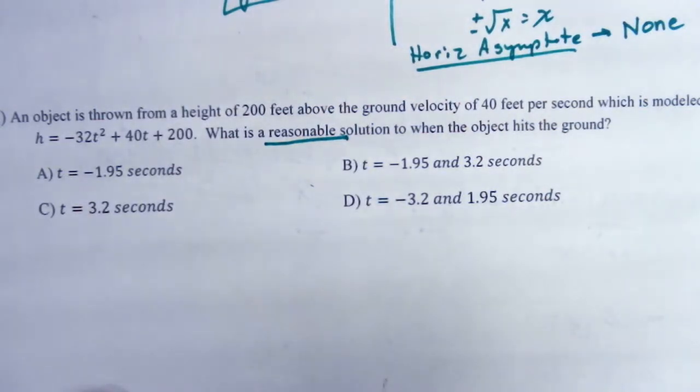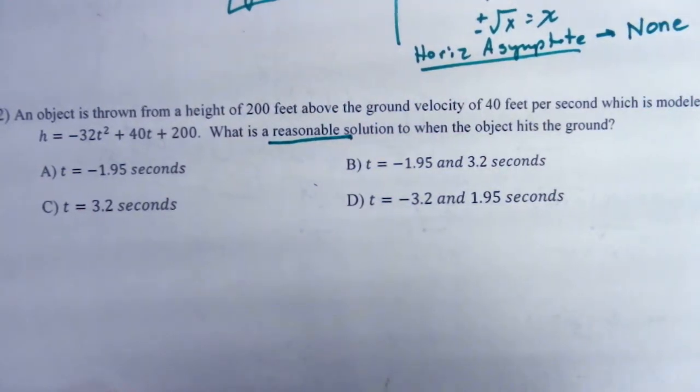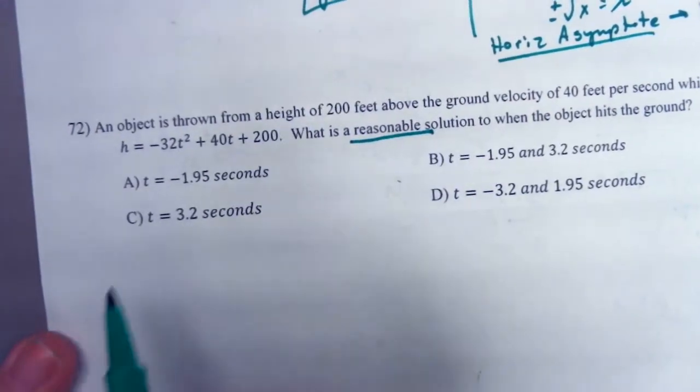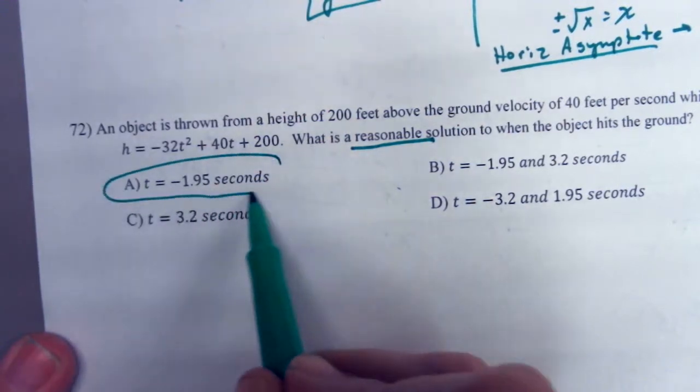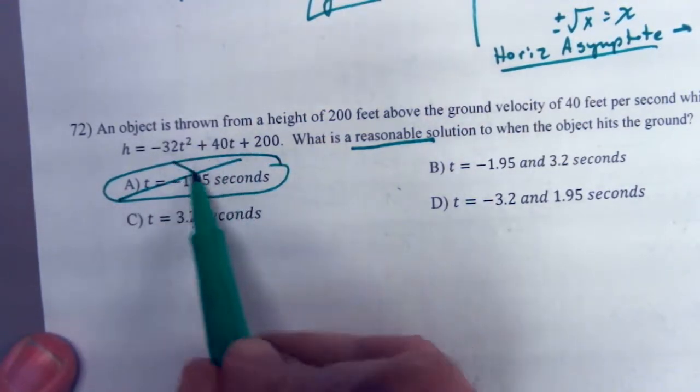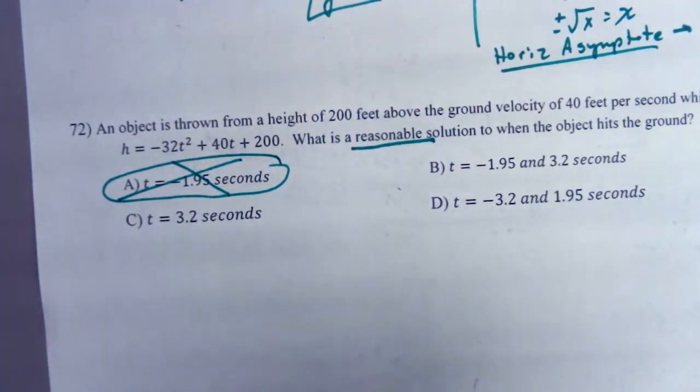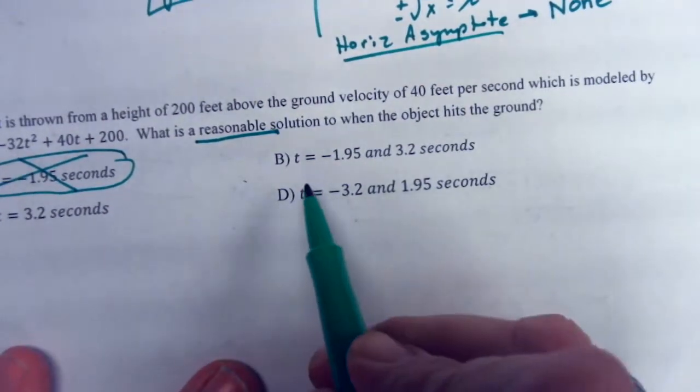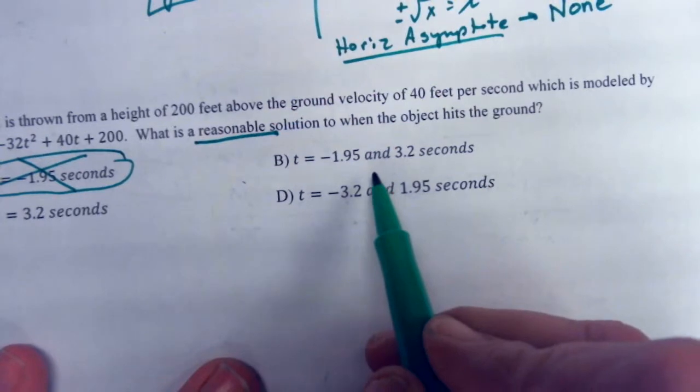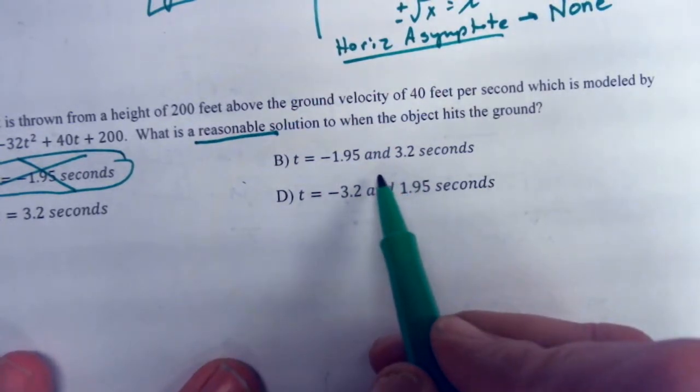What's a reasonable solution? Okay, when you start a clock, the time is never negative. So t equals negative 1.95 seconds is not going to be the answer because the time is not going to be negative. Over here, they give you two options at two different times.